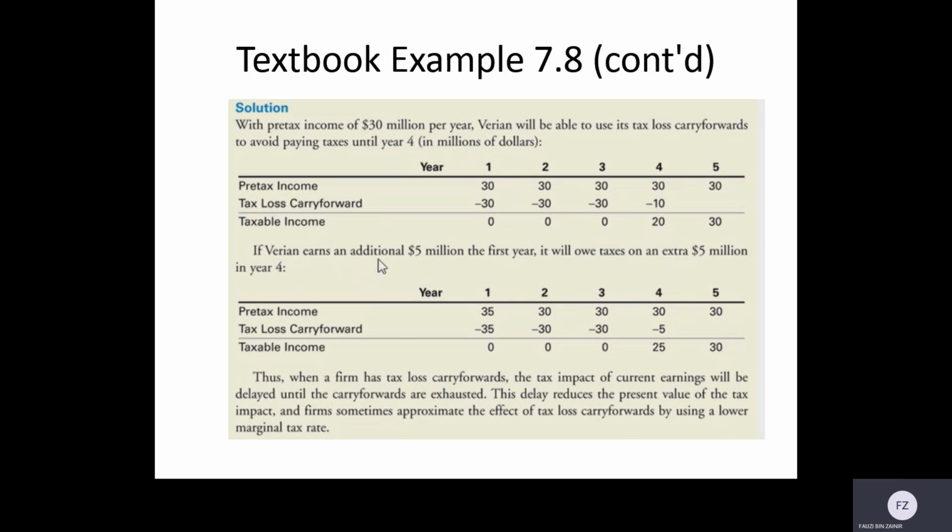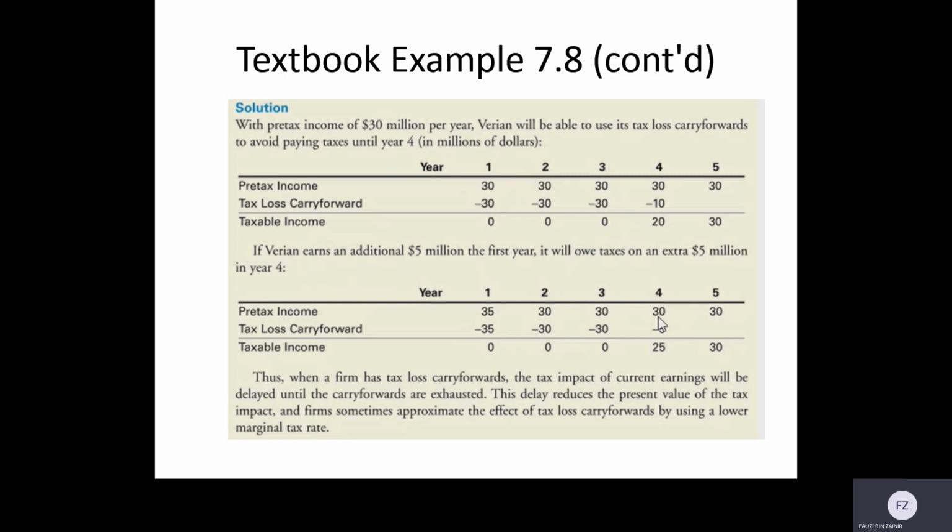But what if Varian earns an additional 5 million in the first year? It will owe taxes on the extra 5 million in year 4. So basically the extra 5 million in the first year makes it 35 million, so the tax losses will be offset against the first year income of that amount, and then the rest is the same, except for the 4th year, where there's only $5 million left to be offset.